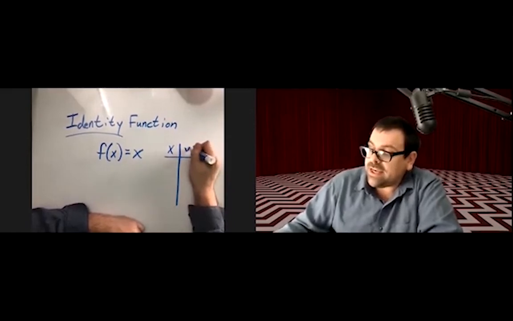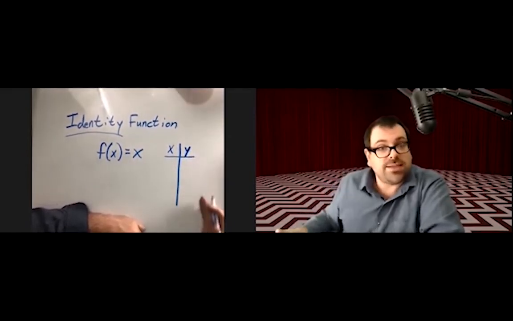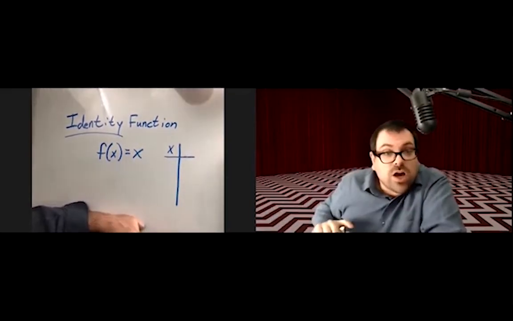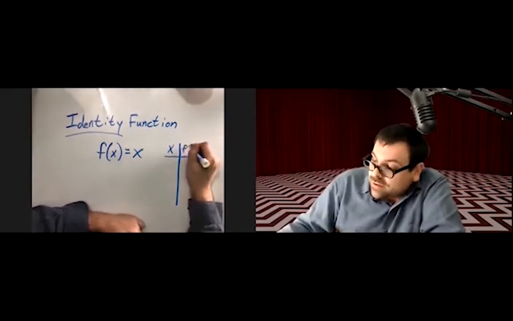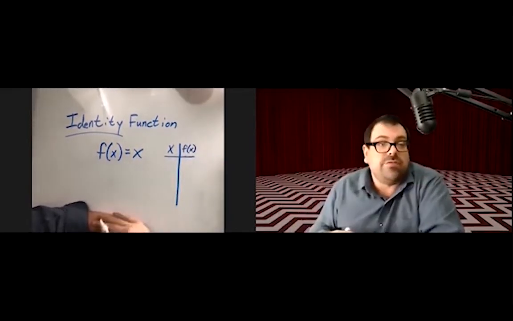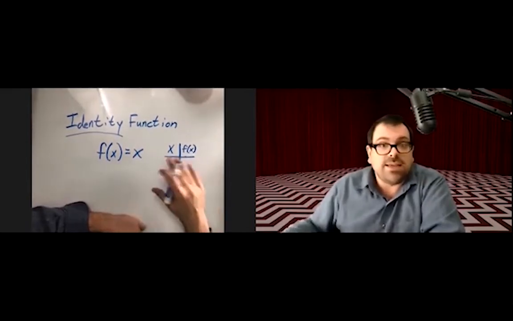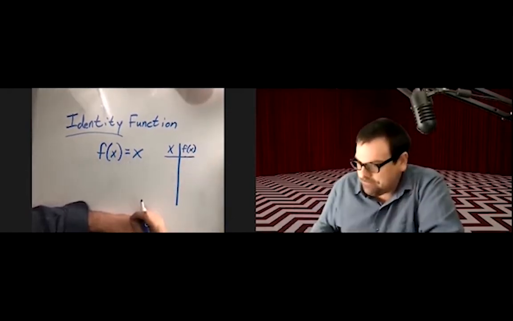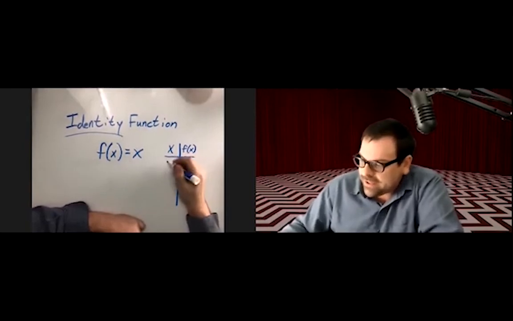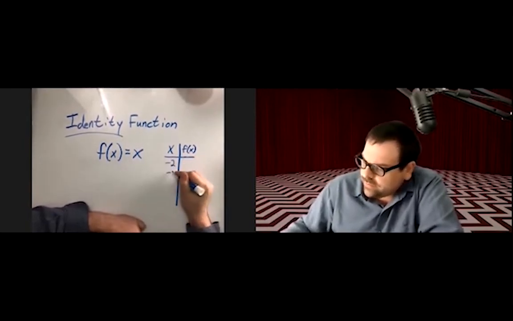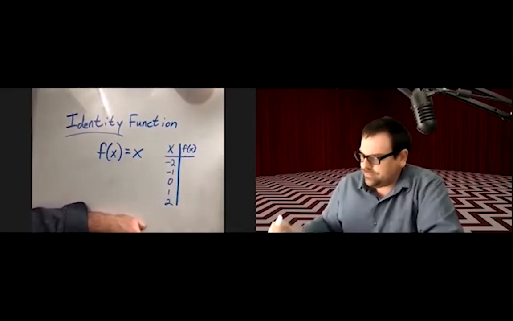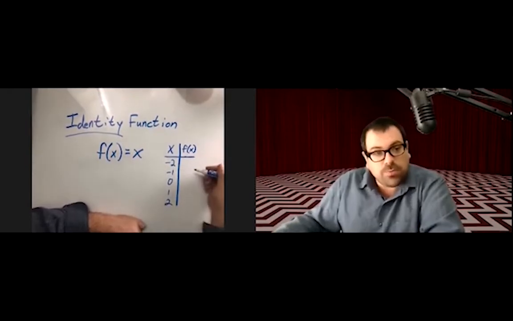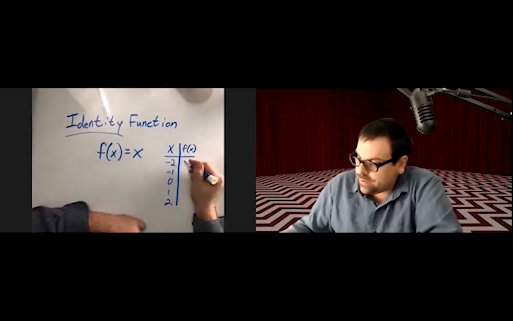If we made an XY table, and I'm making a point of showing it's an XY table, but since we're talking about it as a function, x, f of x means the exact same thing as x, y. So don't think it's more complicated. If we had some x values, -2, -1, 0, 1, 2, the y values, the output of the function, would be itself.